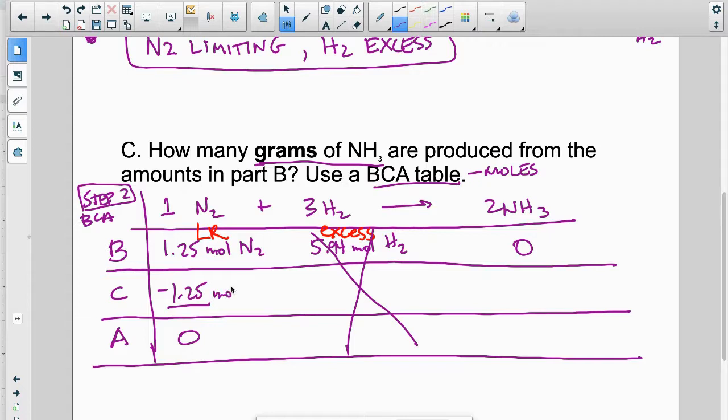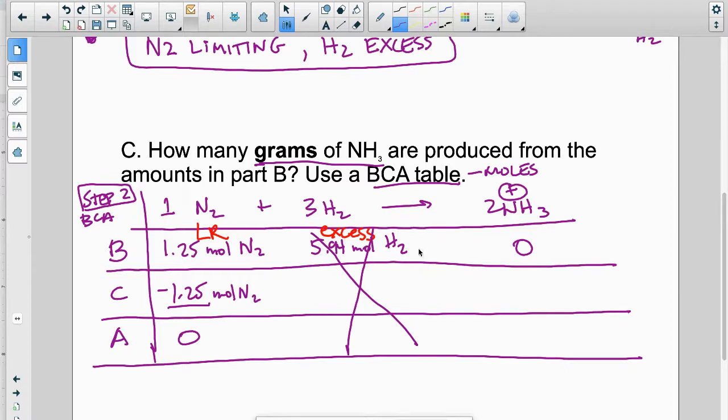This is 1.25 moles of N2. From this change in the limiting reactant, we are going to figure out the moles of NH3 from our reactant that reacted away, our limiting reactant. Remember, our change for our NH3 is going to be positive here. These are getting subtracted.